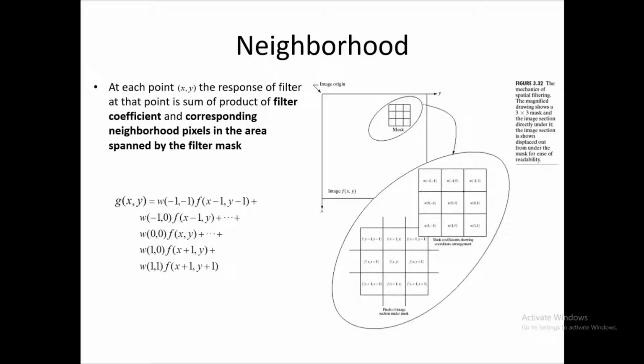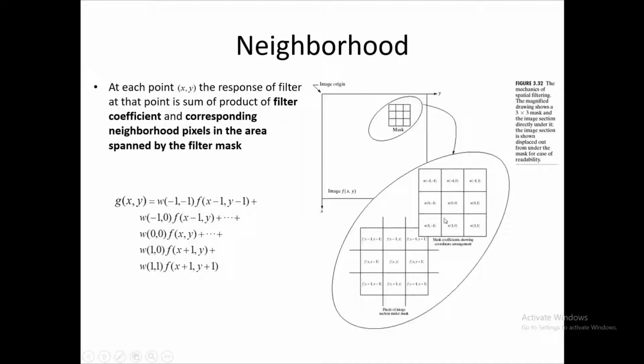The filter mask w is aligned over f(x,y), and we find the corresponding sum of products. Like w(-1,-1) is multiplied with f(x-1, y-1), w(-1,0) is multiplied with f(x-1, y), and finally w(1,1) is multiplied with f(x+1, y+1).